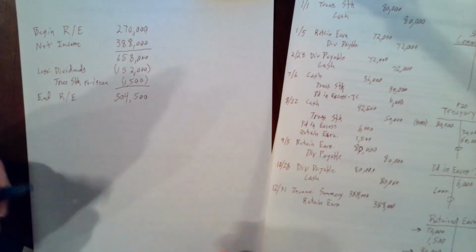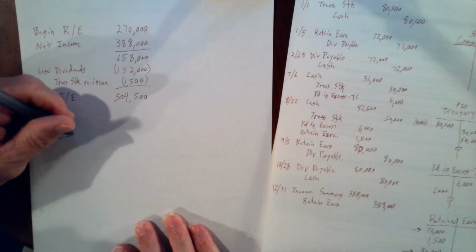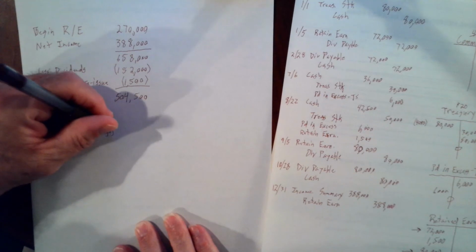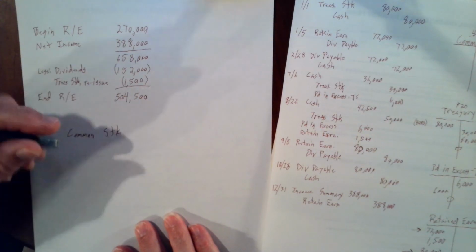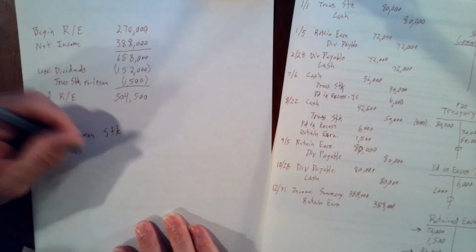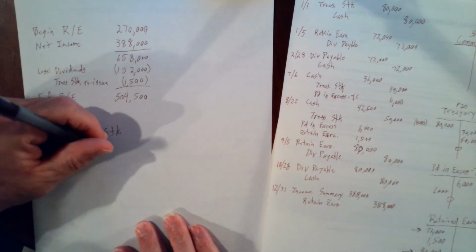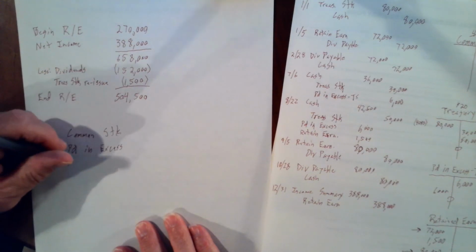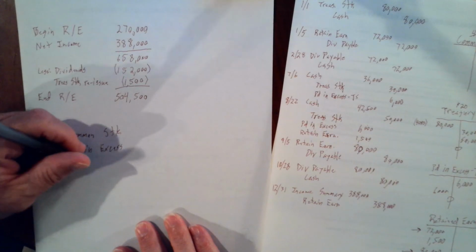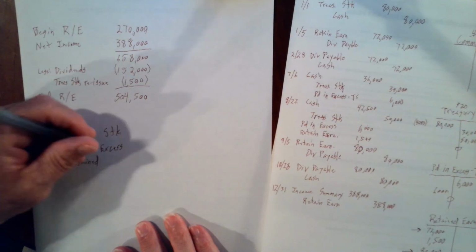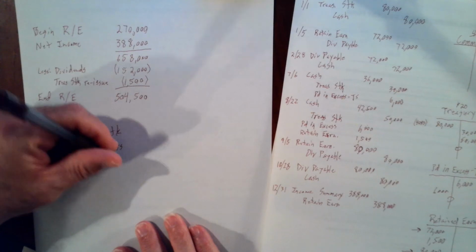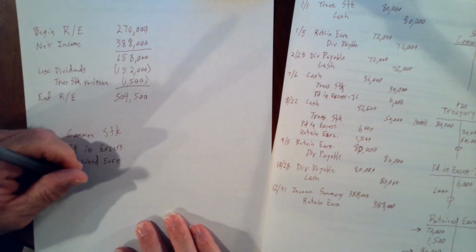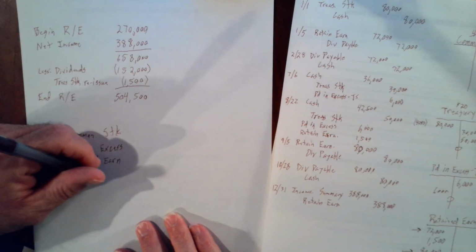So what that will look like is you're going to have common stock, you're going to have paid in capital or paid in excess, you're going to have retained earnings, and then you have total stockholders' equity.